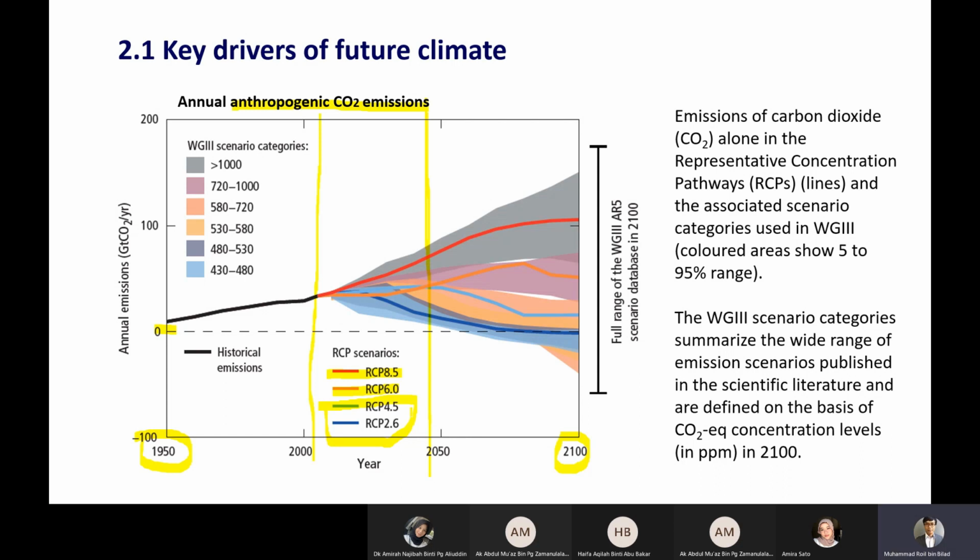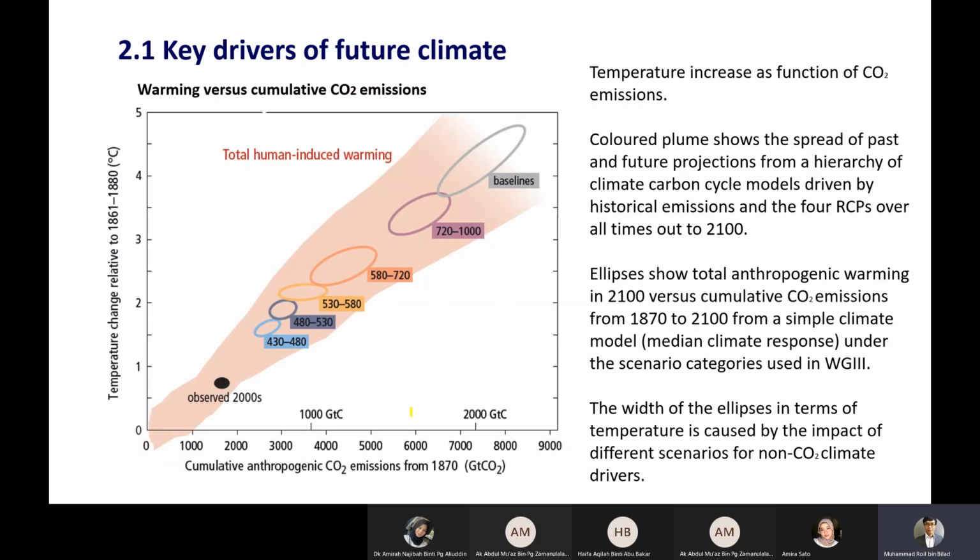It is basically to consume less fossil fuel, to go for more carbon neutral or carbon negative kinds of energy. So that's what we see. We have many different scenarios, and what will be the consequences?